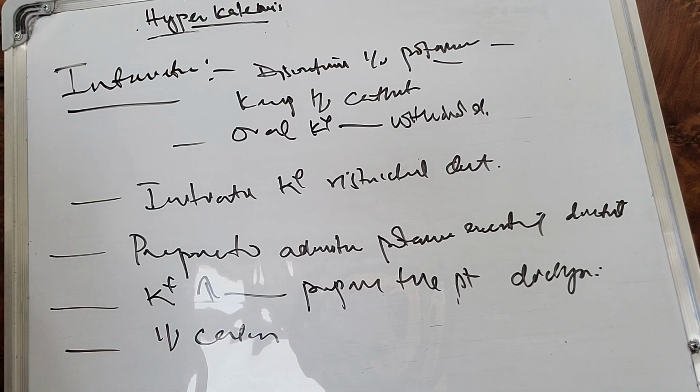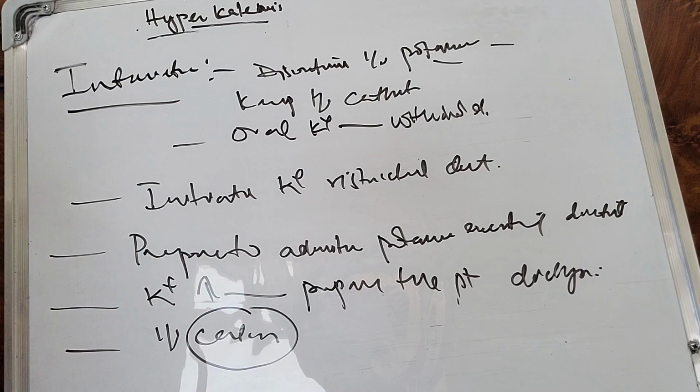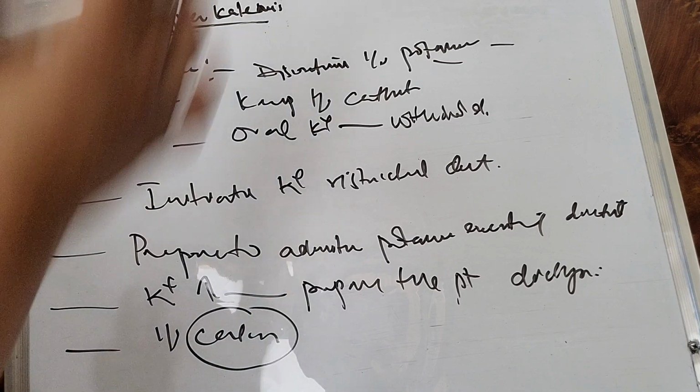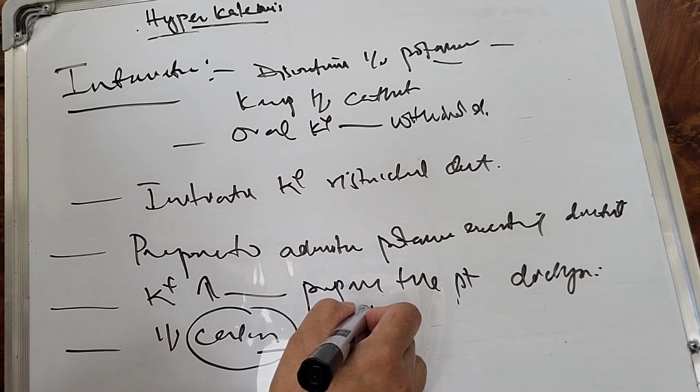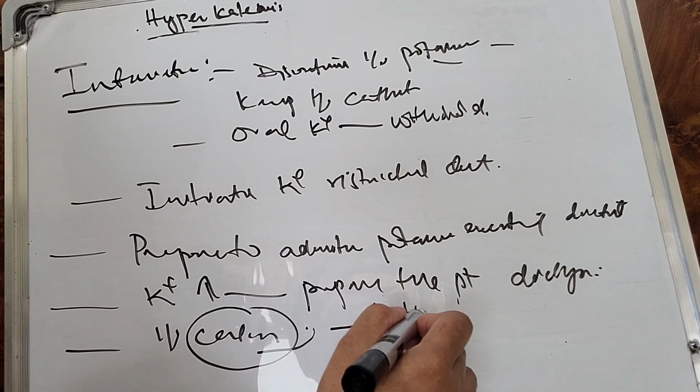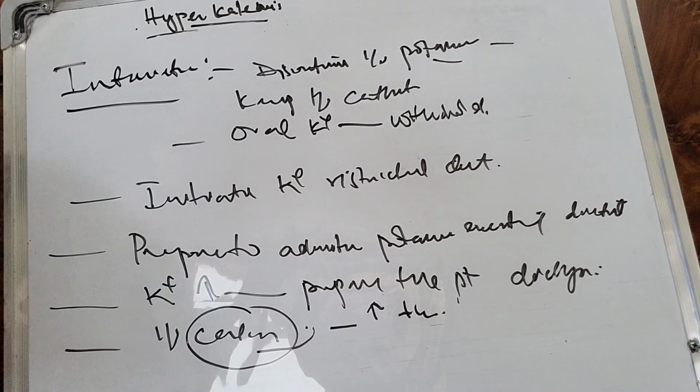If hyperkalemia is severe, calcium acts like a calcium channel blocker to avoid myocardial excitability. So if the patient has dysrhythmias, we will give this calcium, and it will improve the dysrhythmia condition.